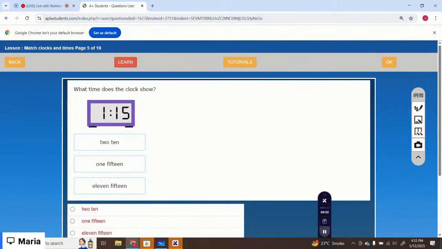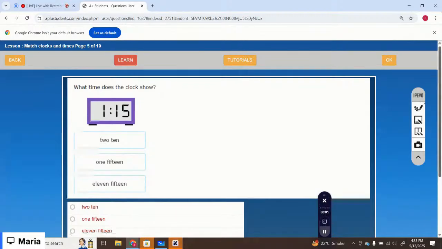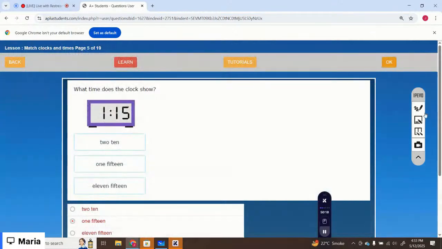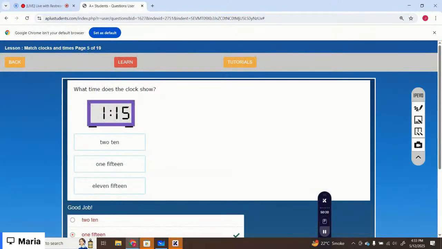What time does the clock show? That is 1:15. Option number three is the correct option.